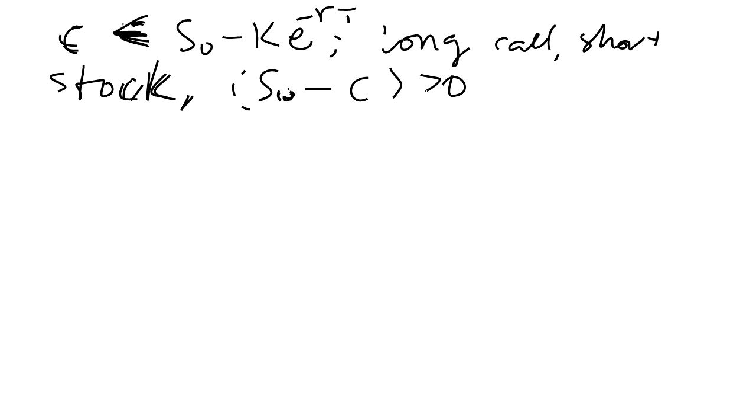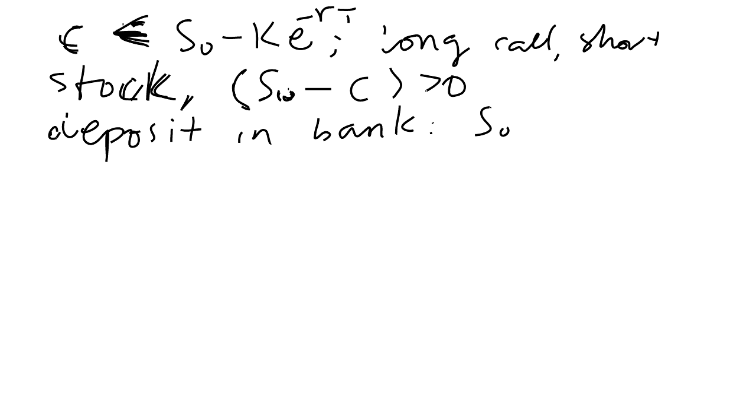Okay, so we take that, put it in the bank, deposit in bank. So at capital T, we have S0 minus C exponential RT.